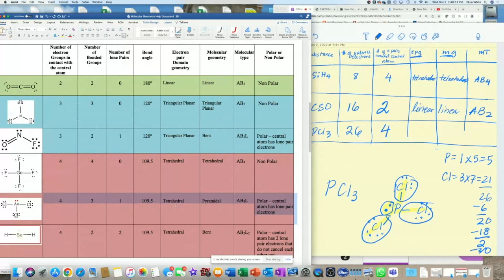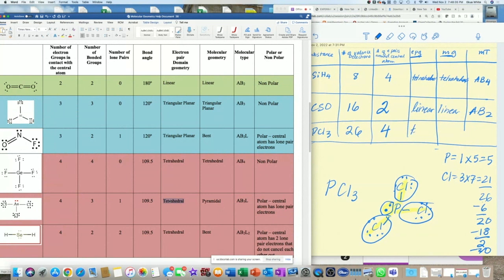Electron pair geometry considers all the groups regardless of what they are. So remember, this here, tetrahedral, goes with the four groups. Even if some of those groups are lone pairs, since we have four groups, the geometry will be tetrahedral.